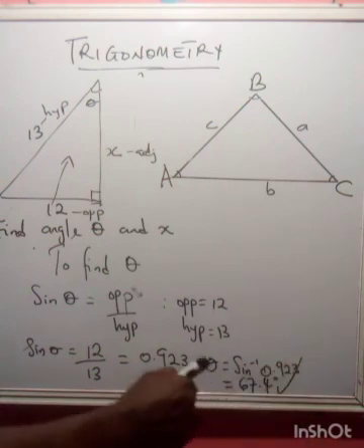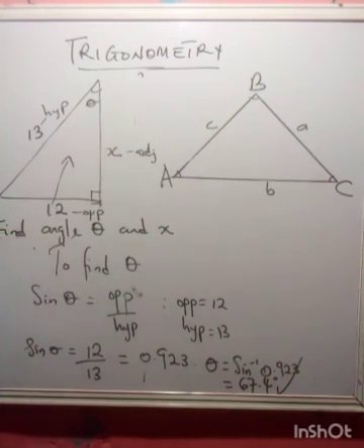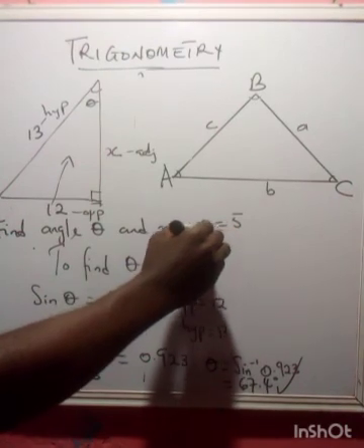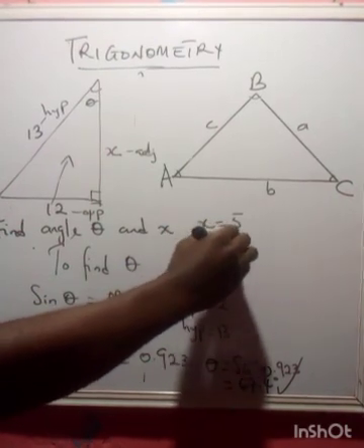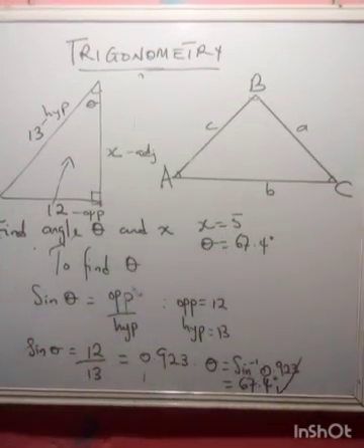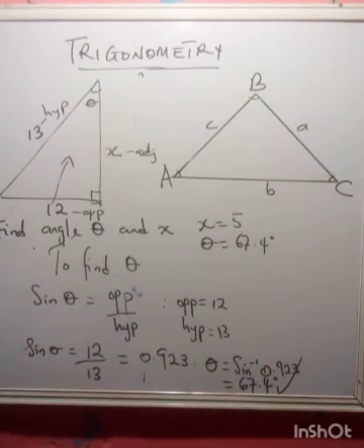So this is the value of theta. So in other words, you have x equal to 5 and theta is equal to 67.4 degrees. In our next class, we'll be looking at sine rule, cosine rule, and other problems.